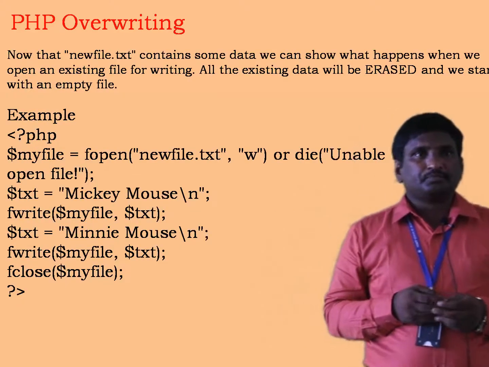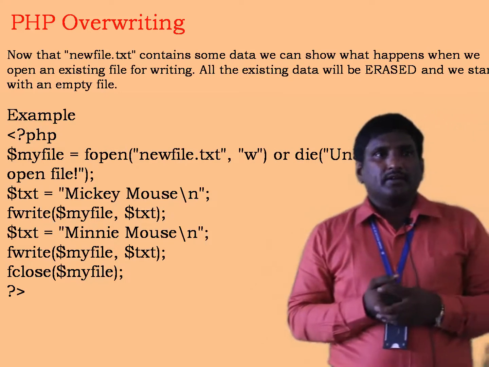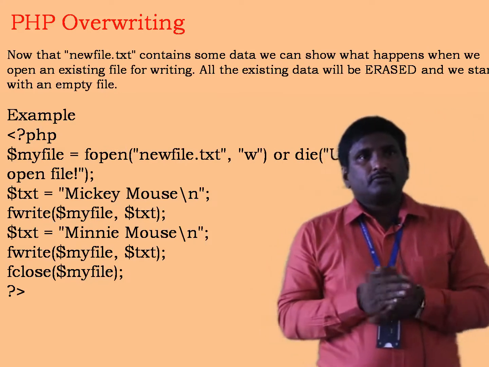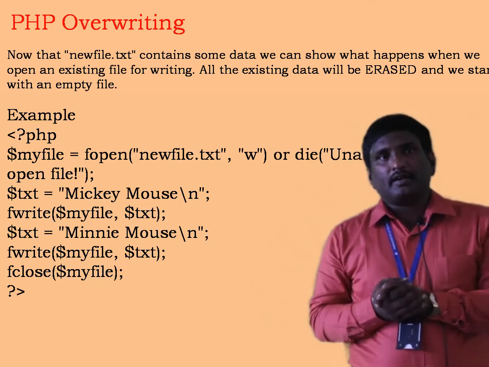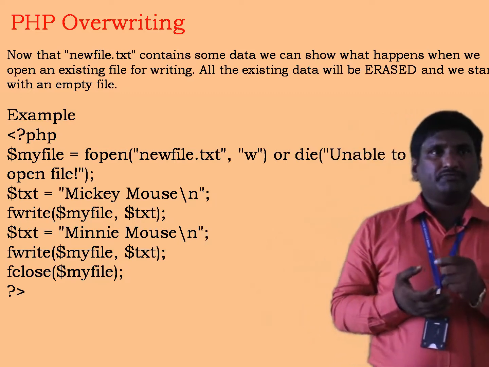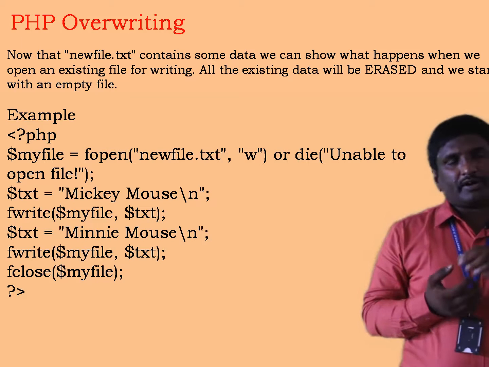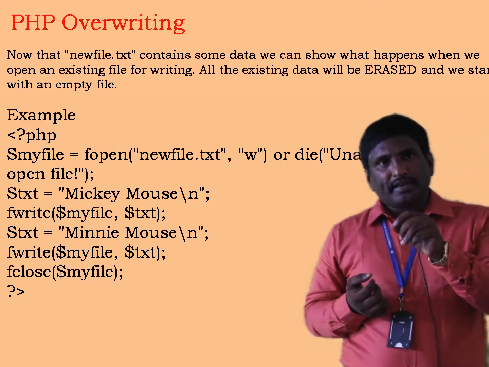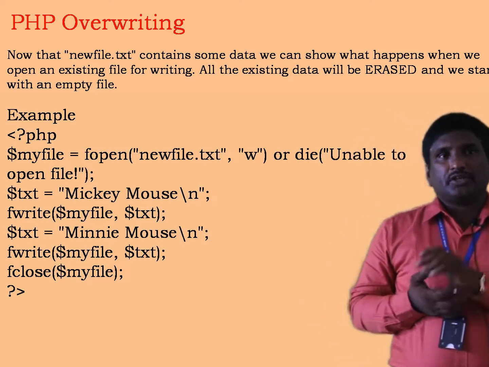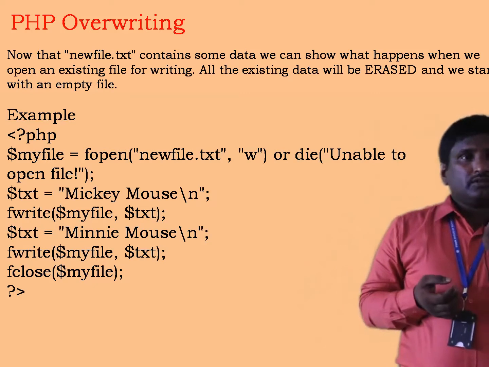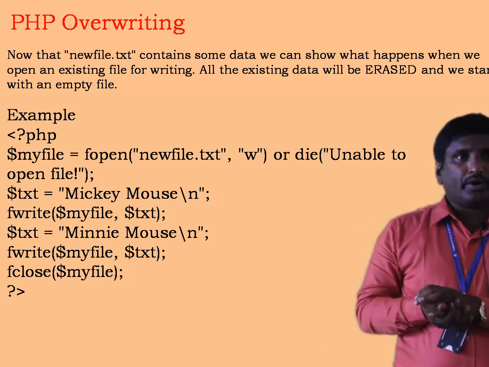Next, PHP overwriting. Now that newfile.txt contains some data, we can show what happens when we open an existing file for writing. All the existing data will be erased, and we start with an empty file. This is the overwriting example.